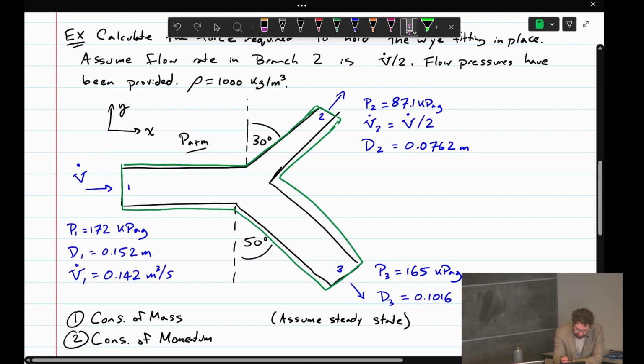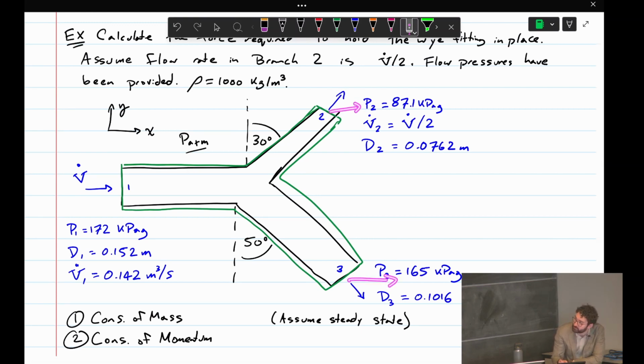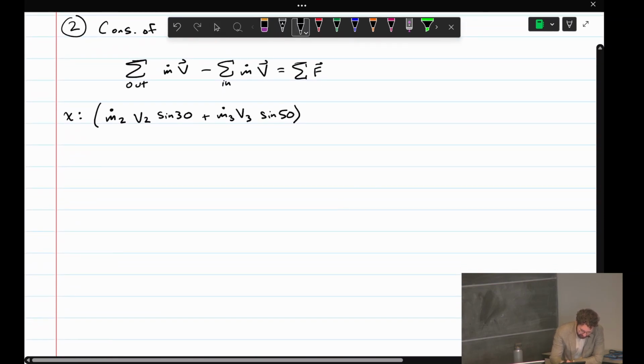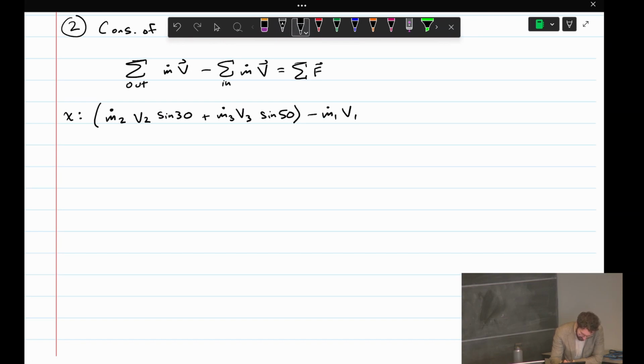The v parts of this are both positive because they're both in the positive x direction, right? And the sine is what gives us that horizontal component. Oh, sorry. And then minus m dot 1 v1. Our v1 is positive. It's in the positive x direction.